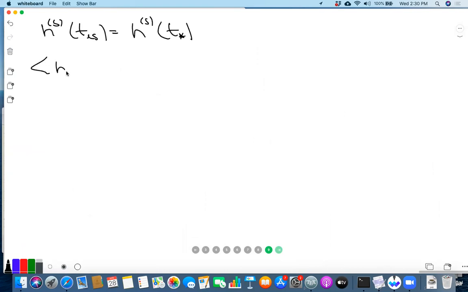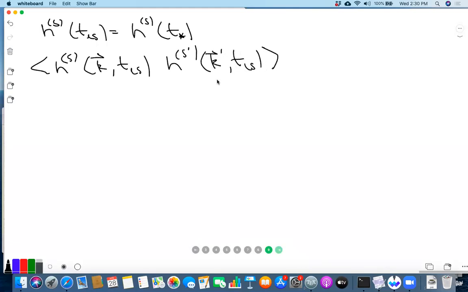So now if you want to calculate, for example, h_s of k at t_LS, h_s prime of k prime at t_LS, this is exactly the same as what we had calculated at the time of horizon exit, namely h_s of k at t star, h_s prime of k prime at t star.